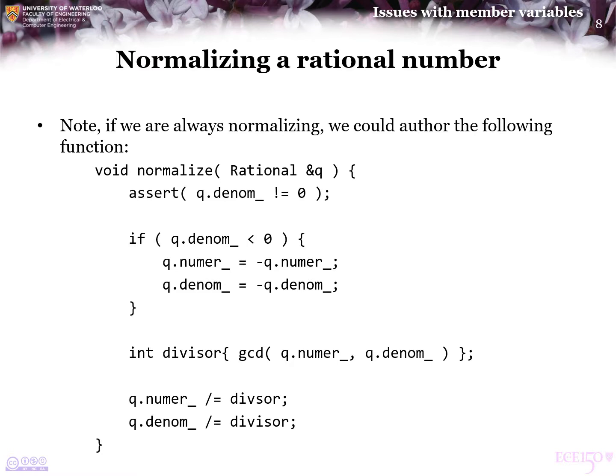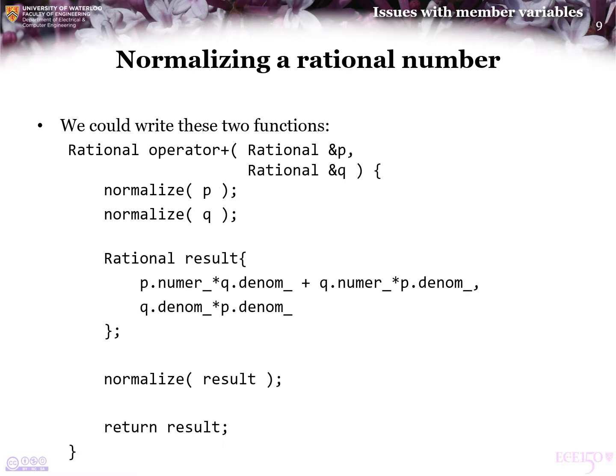Now, if we use this function, we could now calculate the sum of two rational numbers as follows. We could normalize both p and q, calculate the result, normalize the result, and then return it.